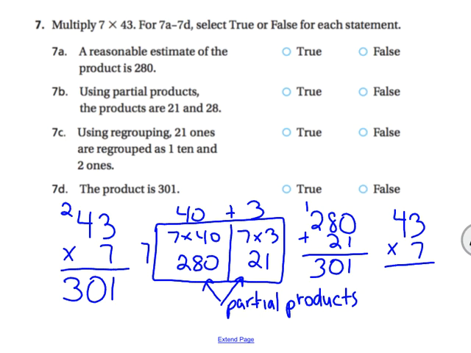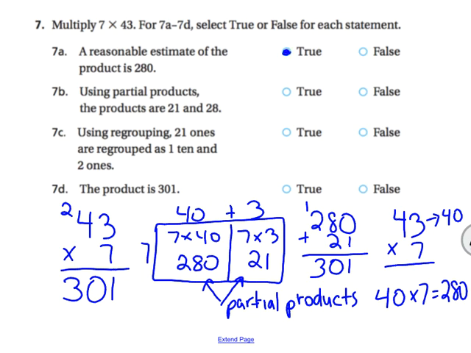I would do 43 is 40. So really, I am doing 40 times 7, which is 280. So, is a reasonable estimate of the product 280? Yes, after I estimated the product, remember, you estimate first, then multiply, and the answer is true.